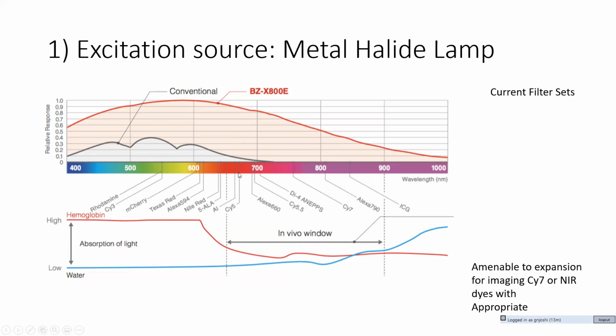What this means is if you have an appropriate filter set, you can in fact use Cy7 or near infrared dyes to ask questions with, which is not possible with conventional metal halide lamps, which can only generate wavelengths from 400 to 700 nanometers. In that situation, you are restricted to something like Cy5, which is Alexa 647.